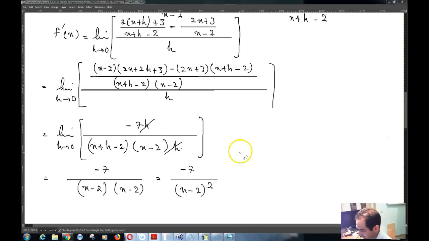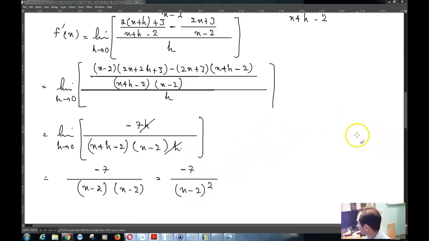And again, you can see that the derivative of f of x is again not defined at x is equal to 2. Okay, the derivative of x is not defined at x is equal to 2.